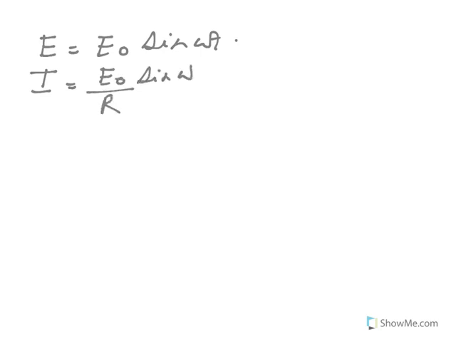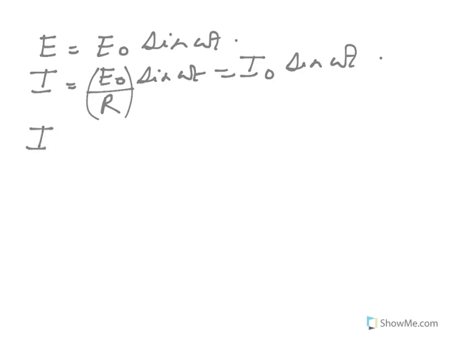Now E is equal to E0 into sine omega t. Current is equal to E0 by R sine omega t. This can also be written as I0 sine omega t.